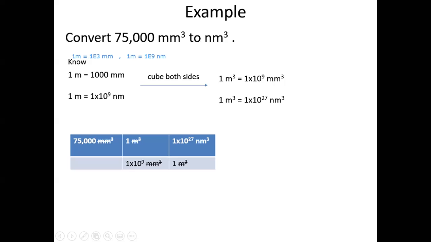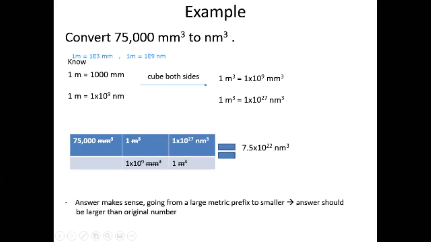So 10 to the 4th times 10 to the 27th, you add the exponents, you get 10 to the 31st, divided by 10 to the 9th, that means you subtract. And so you get a final answer of 10 to the 22nd. So there's 7.5 times 10 to the 22nd nanometers cubed. And as we predicted, it makes sense because we're going from a large metric prefix to a smaller one.